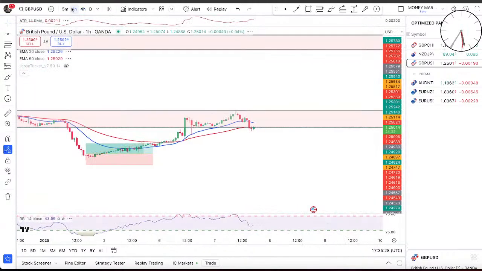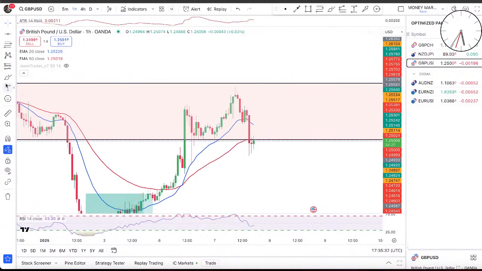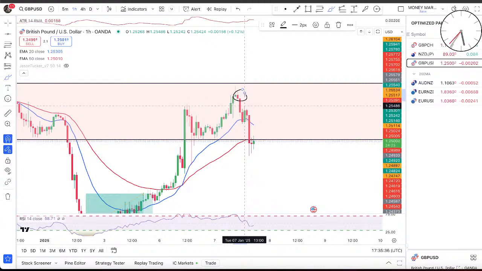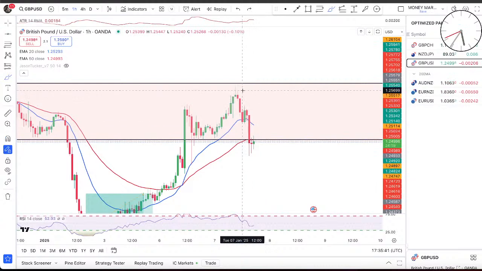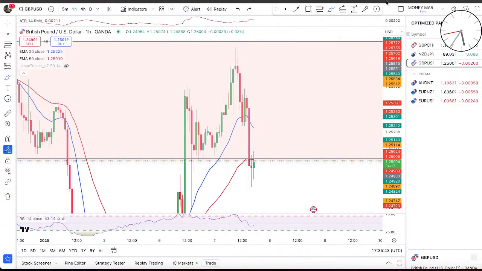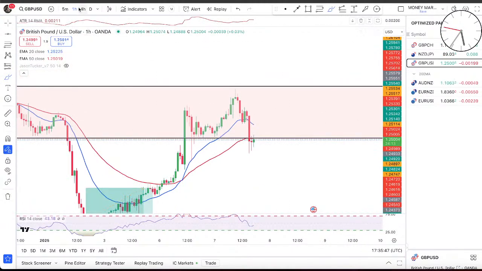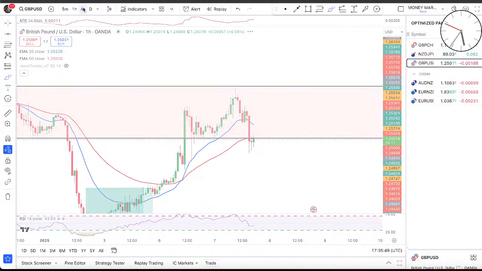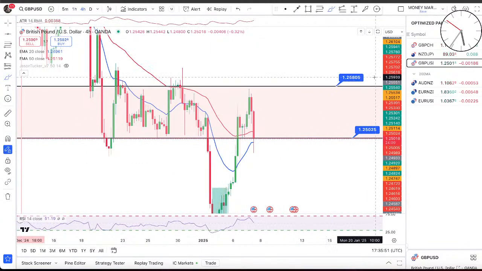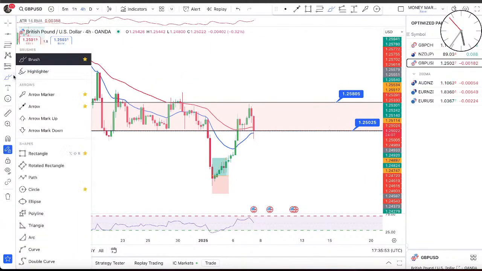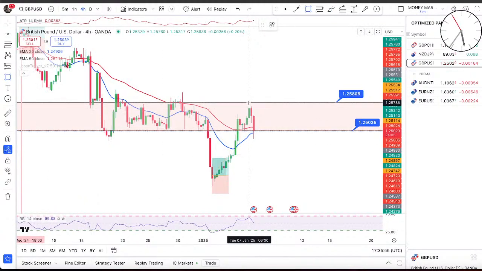So here, if you look on 1 hour time frame, we had an entry right here that already played out on 1 hour GBP USD. If you have seen the report, that has played out with the swing 3 shadows pattern we have here. Yeah, that's the one. And then on 1 hour, on 4 hour, what you can do, you can wait for the double top pattern because we do not have a condition yet.